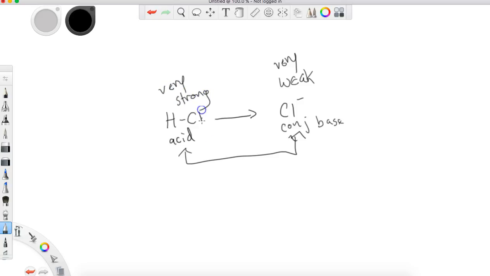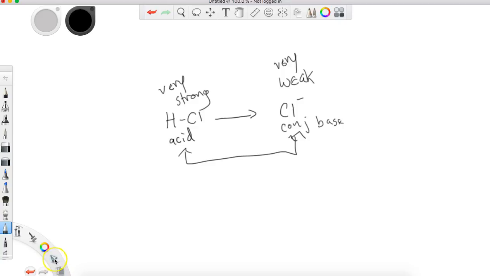So strong that we get 100% dissociation whenever we put it into solution. It's going to completely ionize into H plus and Cl minus. So very, very important to understand that these are inversely proportional. If I use a strong acid, I'm going to get a weak conjugate base. If I use a weak base, I'm going to get a strong conjugate acid. All right, back and forth like that.